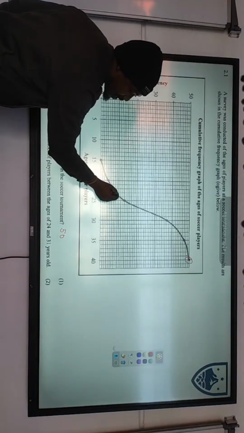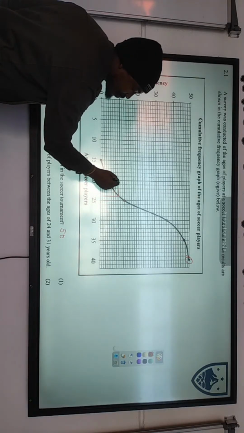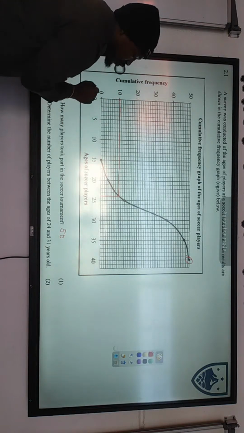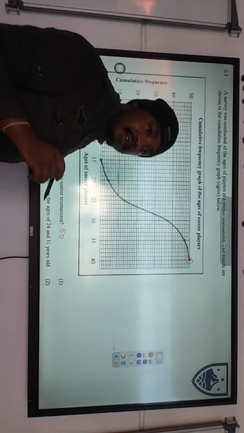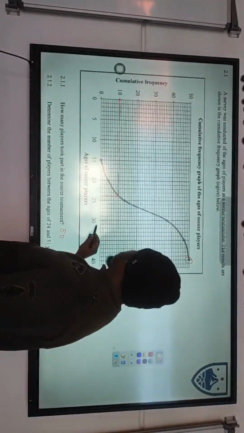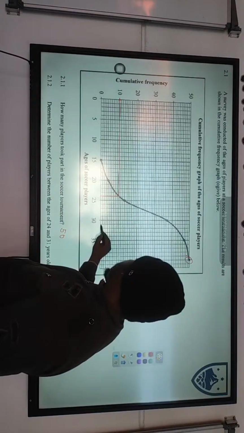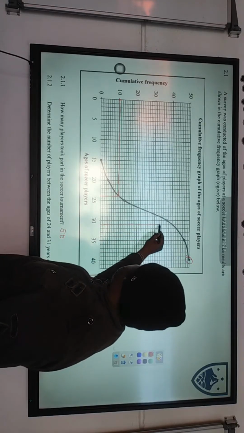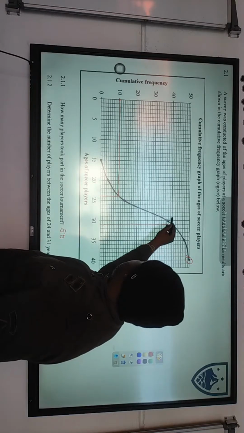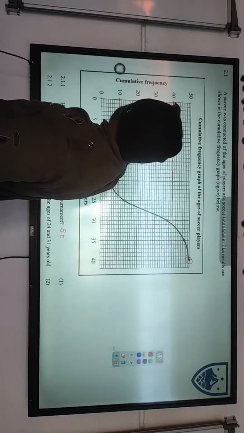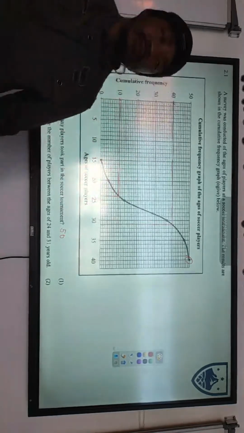So it's 21, 22, 23, 24. Take your ruler, get to the graph. Once you touch the graph, move it to the Y, and it will give you 10. But they said between 24 and 31. So we also need to go and check 31. We touch the graph, and we get to 40.